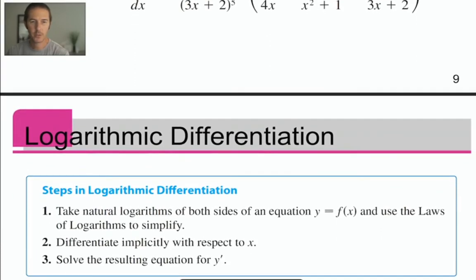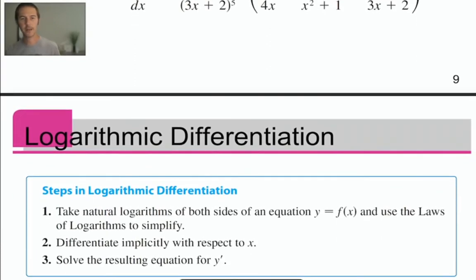I'll just put the first part of that next slide on there. Those are some steps. Very generally speaking, all of that algebraic manipulation that we just went through really adds up to these 3 steps. You take the natural log of both sides of your equation and use the laws of logarithms. It says to simplify, but what you're really doing is stretching all of that stuff out.